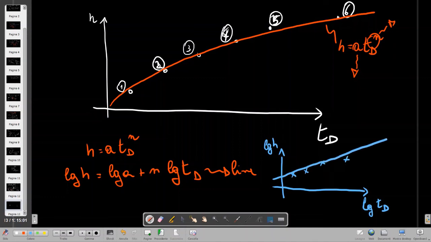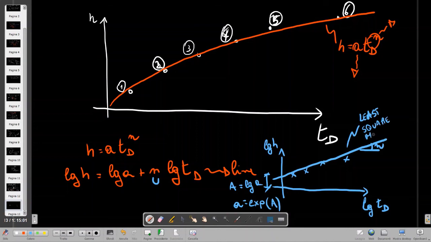This is the line, this is the slope, and this is the logarithm of A. If we call this capital A, it is equal to the exponential of small a. This line may be computed by means of a least square method.